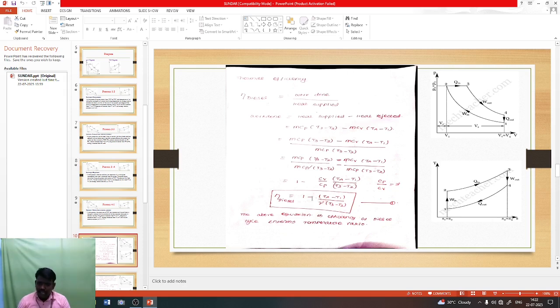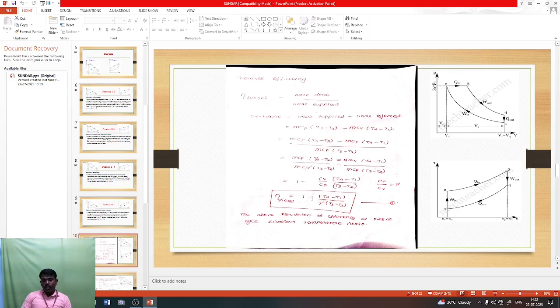So already we studied in engineering thermodynamics, what is the specific heat ratio? The specific heat ratio is the ratio of specific heat capacity at constant pressure divided by specific heat capacity at constant volume, which is equal to the adiabatic index, gamma.